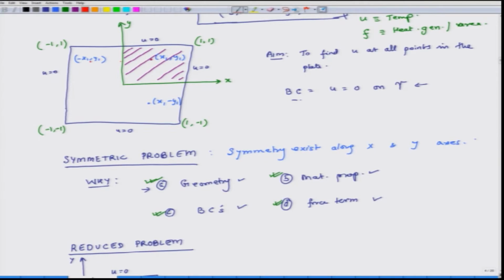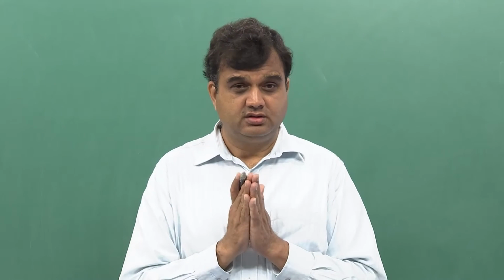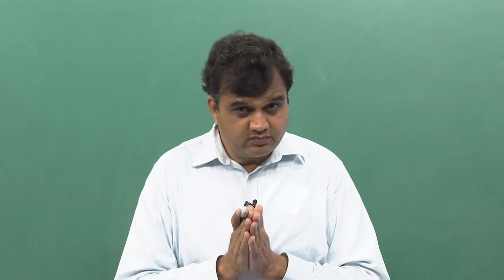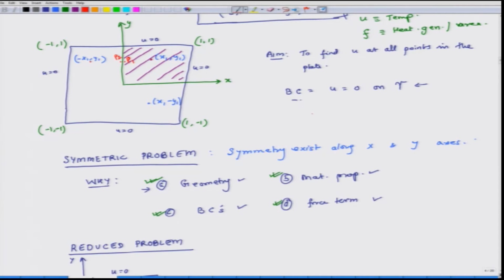So, when you take these 2 points which are very close to each other, let us say this is P1 and this is P2, the value at points P1 and P2 across the line of symmetry will be the same, right, which means that the value of u at point P1 will be the same as u at point P2.